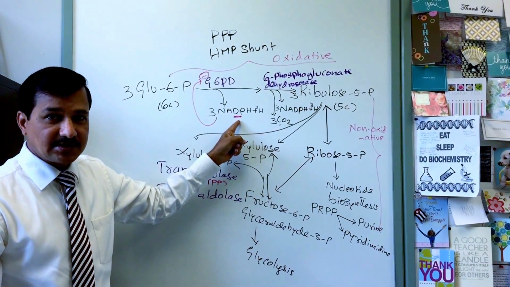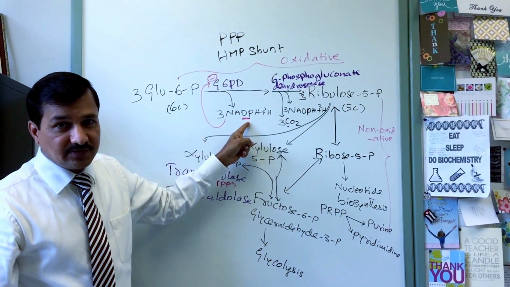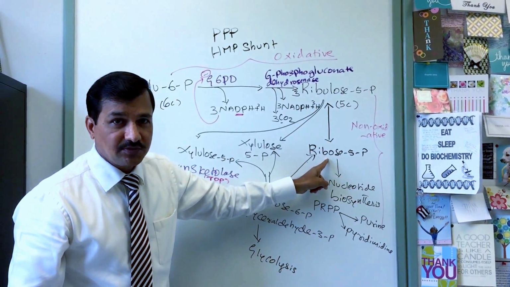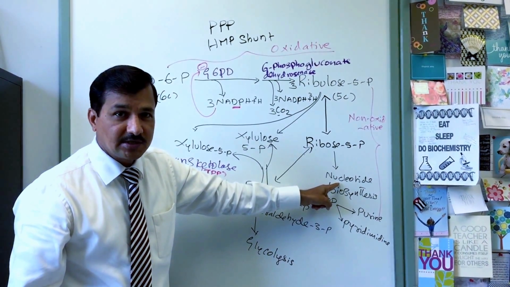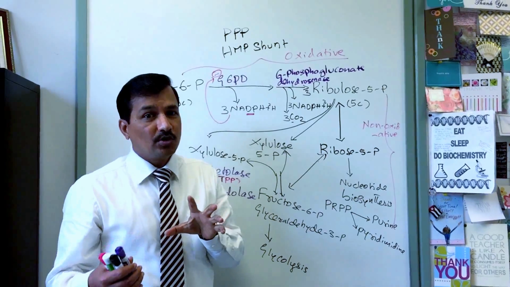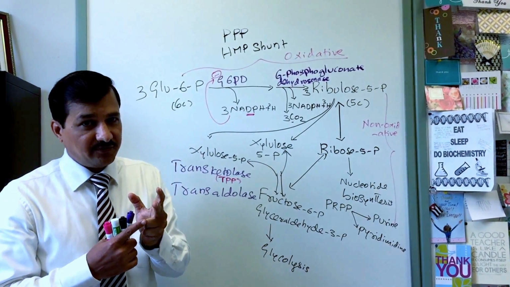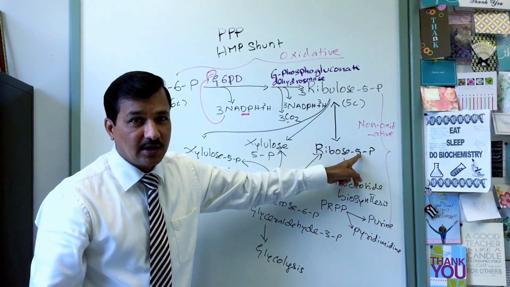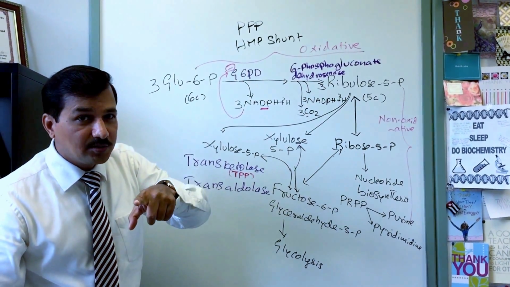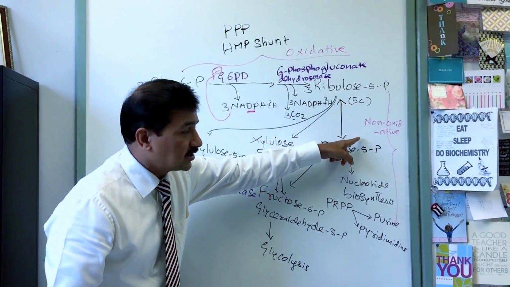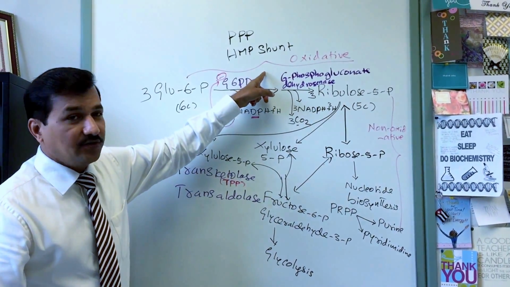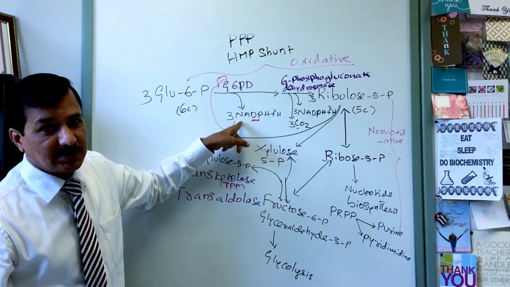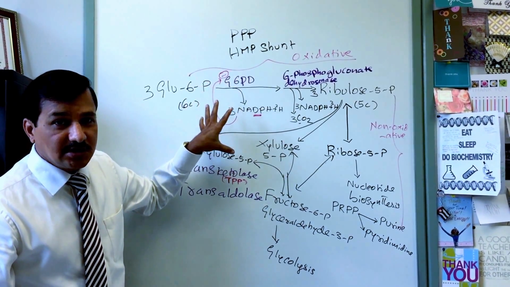They get NADPH plus H plus, and of course they want ribose 5-phosphate. So they convert ribulose 5-phosphate into ribose 5-phosphate, and that gets into nucleotide biosynthesis. So if the cell wants both of these molecules, NADPH and ribose 5-phosphate, both oxidative and non-oxidative phase will run. If the cell wants only ribose 5-phosphate, then only the non-oxidative phase is going on. Oxidative phase is inhibited because it has plenty of NADPH. Okay, so depending on the scenarios like that.